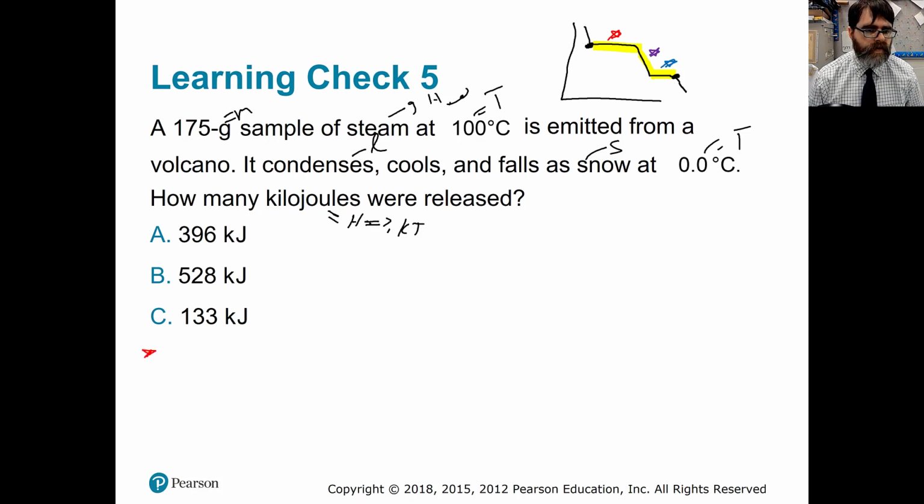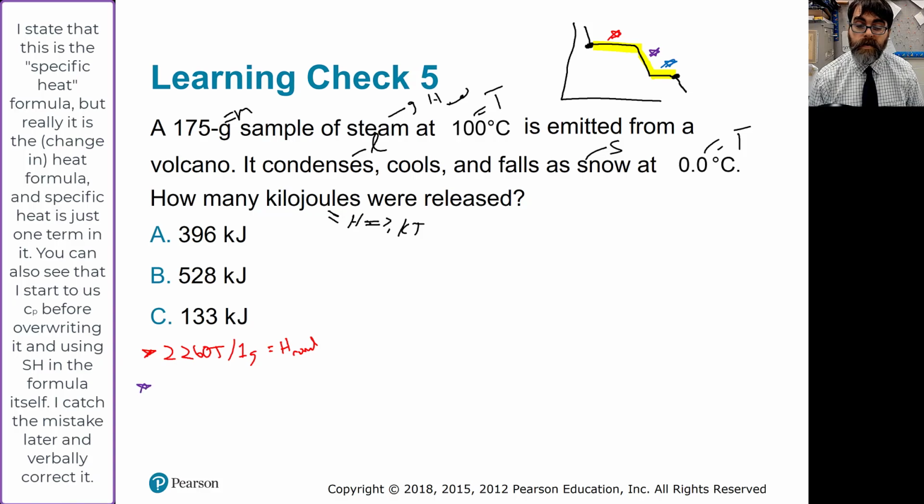So in this section, we've done the red one already, or at least that kind of calculation, where we know it takes 2,260 joules per 1 gram for the heat of condensation, the amount of heat released as it condenses. Then for the liquid water, we could do a conversion factor there, but it's better to use the specific heat formula in this particular case: m times specific heat times the change in temperature.